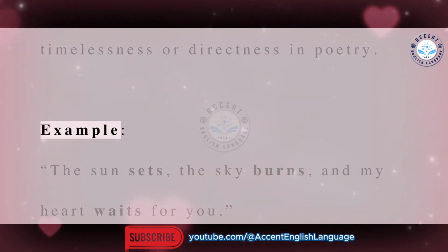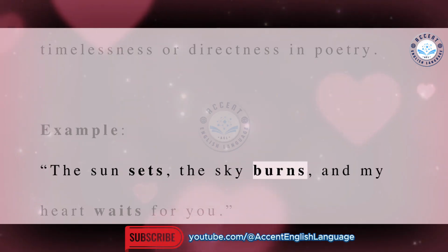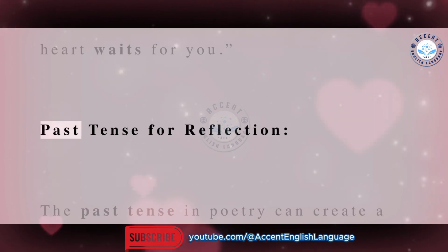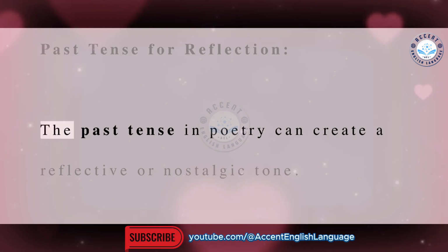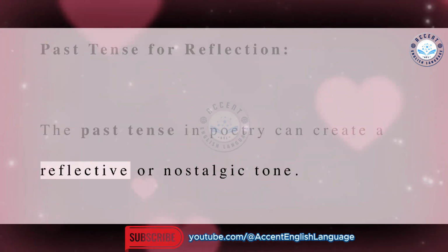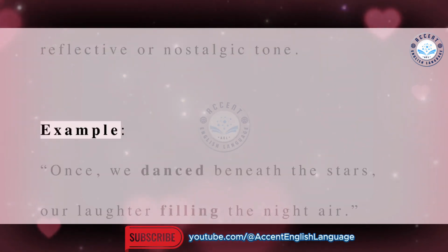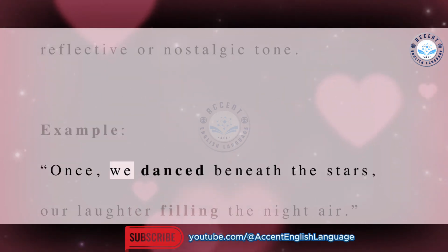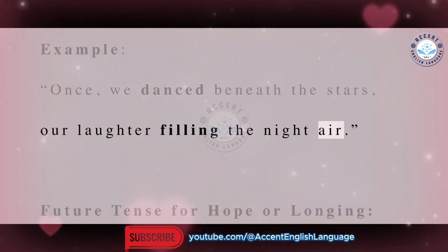Example: the sun sets, the sky burns, and my heart waits for you. Past tense for reflection. The past tense in poetry can create a reflective or nostalgic tone. Example: once we danced beneath the stars, our laughter filling the night air.